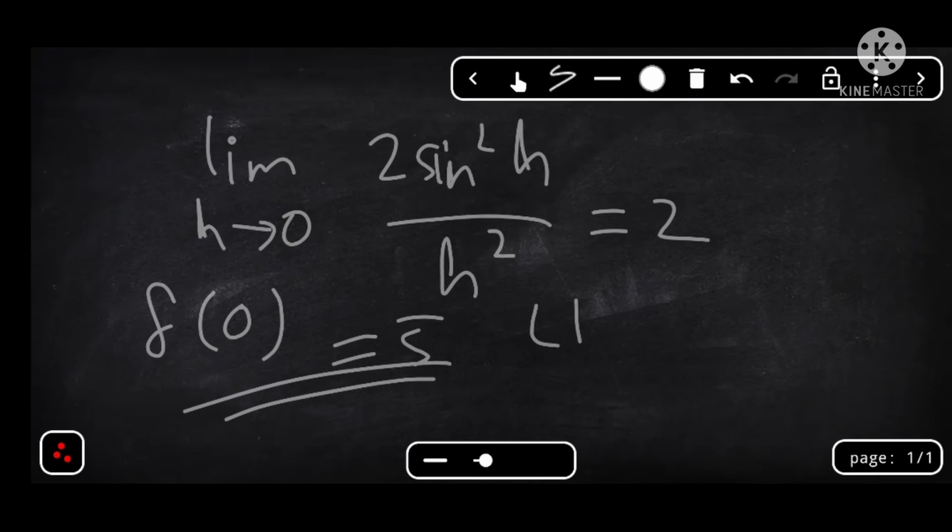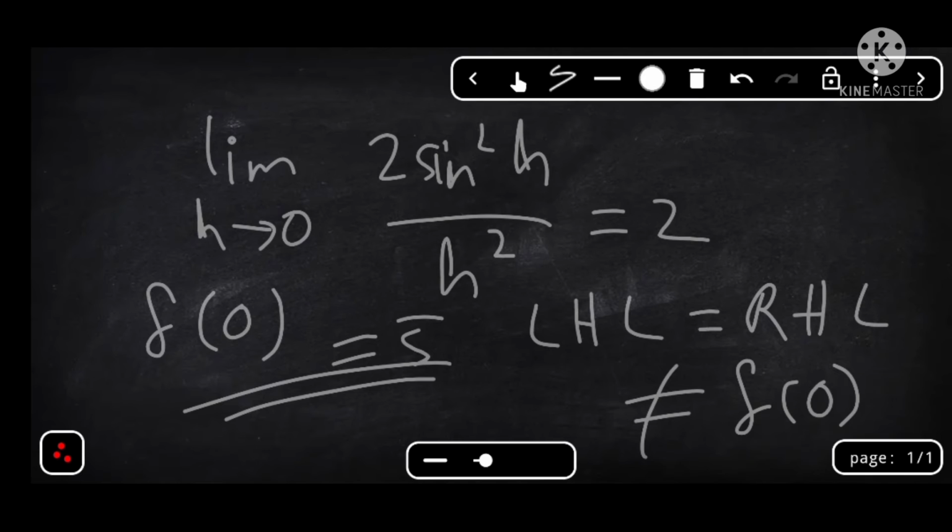So LHL equals RHL, but that is not equal to f of 0. All three should be the same, then only we can say that the function is continuous at a particular point. Here it is 0. So at x equal to 0, we cannot say that f of x is continuous, because LHL and RHL give the same value, but f of 0 is different.